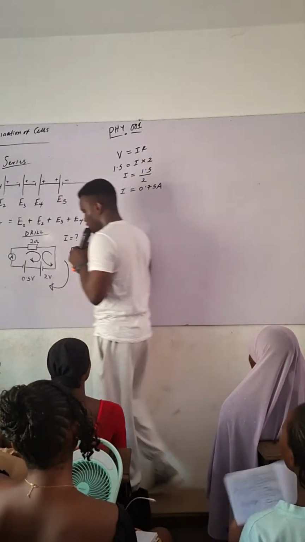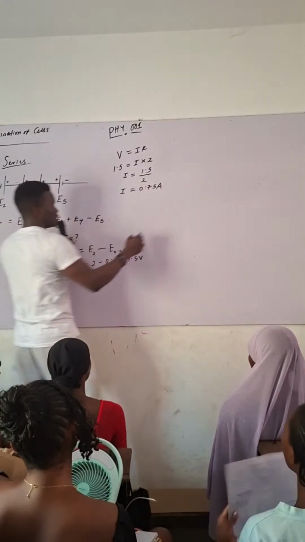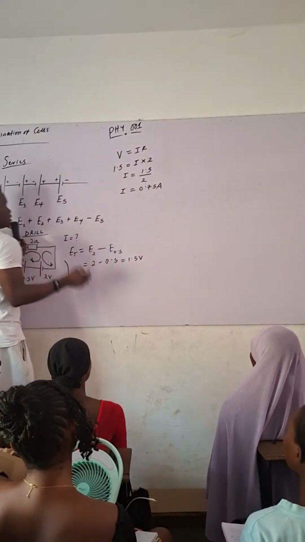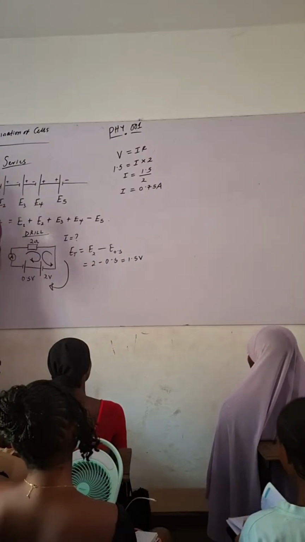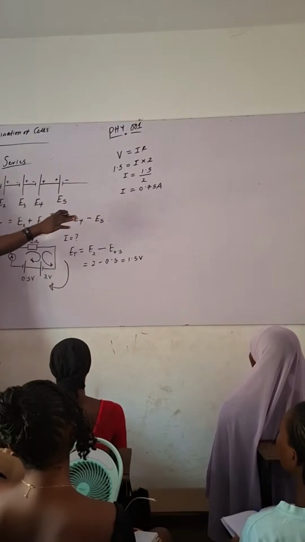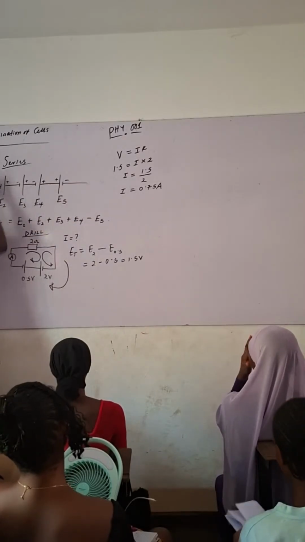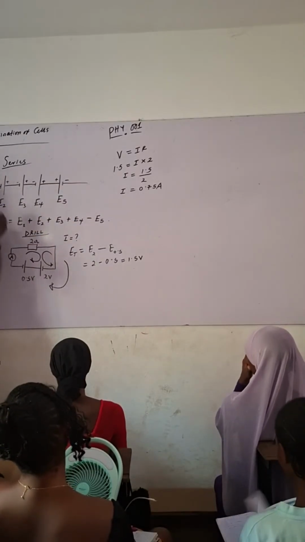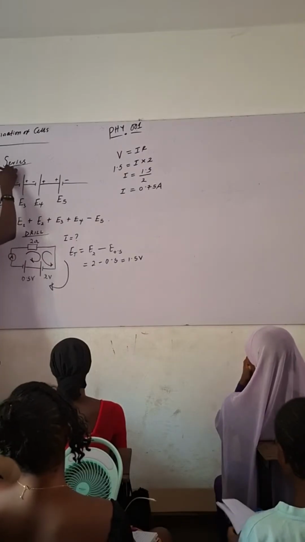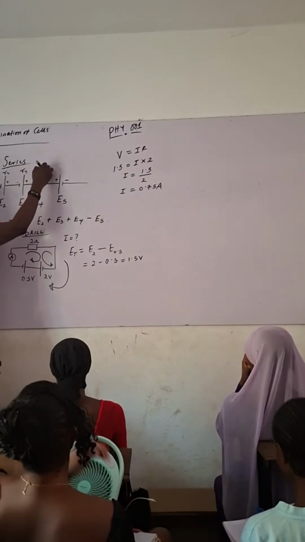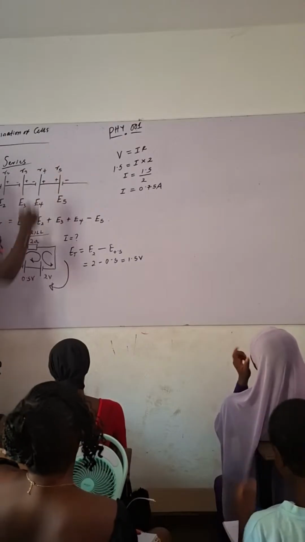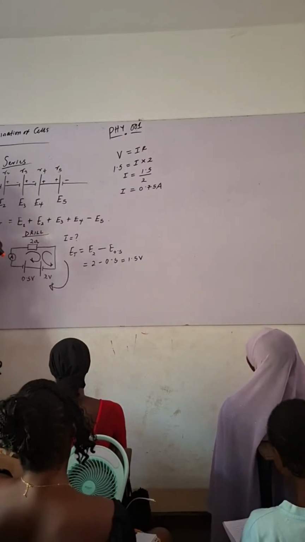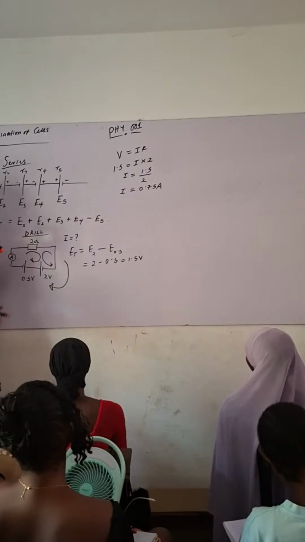So the next thing is, we said something. If you connect them in series like this, and they told you that they have their internal resistance. So let's say this is R1, R2, R3, R4, R5. Forget about the direction now. Internal resistance.